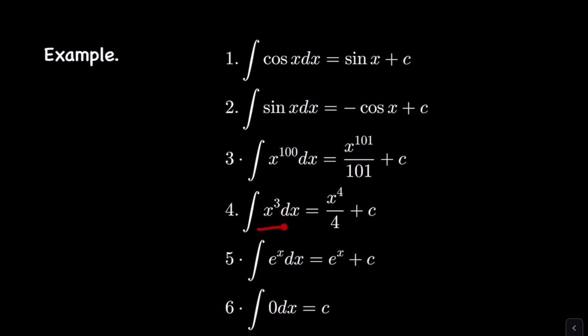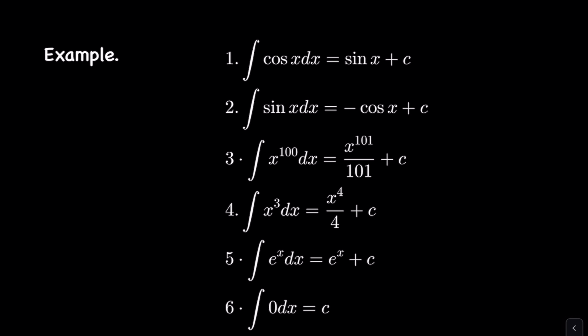Let's look at the next example. I'm looking for a function whose derivative is x cubed. If you differentiate x to the 4 divided by 4 plus any constant, the derivative is going to be x cubed. So the indefinite integral of x cubed is x to the 4 divided by 4 plus some constant c.